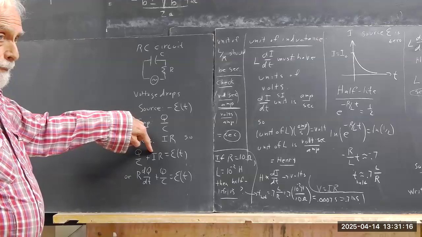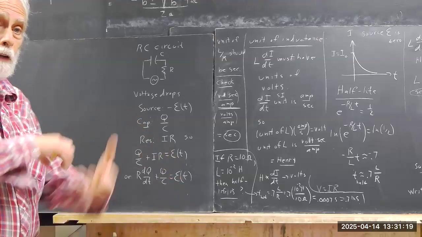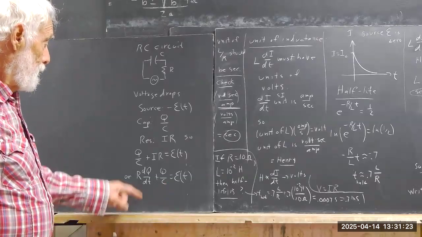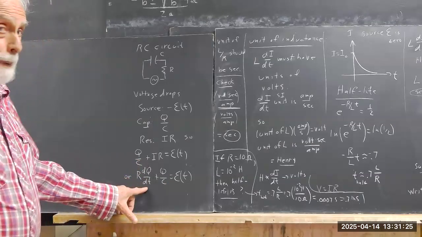Well, what's your current? Your current's the rate at which you're pulling charge off of one plate of the capacitor and putting it on the other. In other words, your current is the rate of change of the charge on the capacitor.